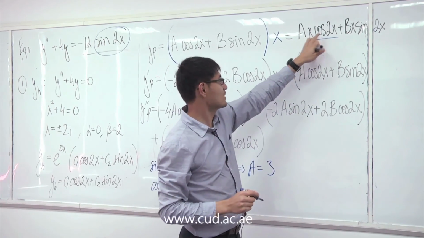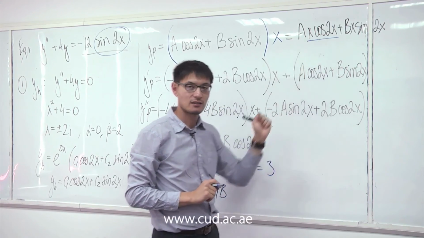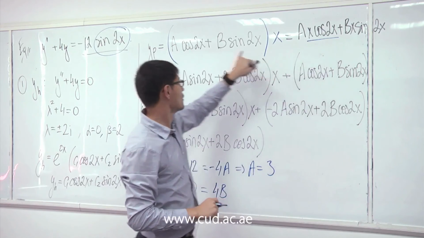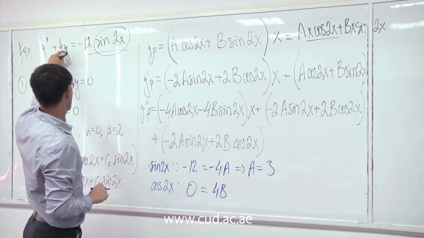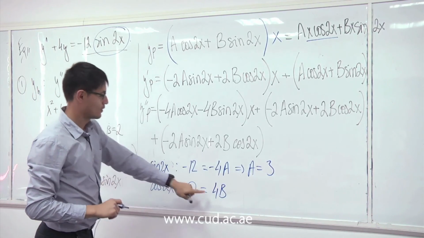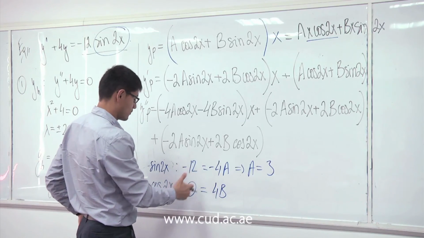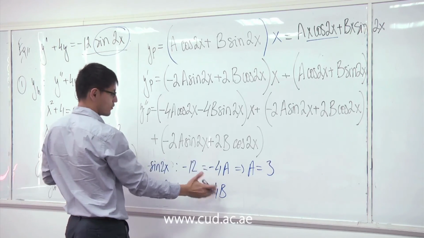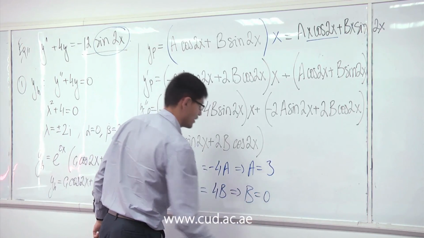This coefficient is x cos 2x. So I'm not going to consider it. I just need pure cos 2x. And there is no pure cos 2x for y. So this guy doesn't give me any cos 2x terms. I only get them from y double prime, which was 4b. So I have 0, the coefficient of cos 2x on the right-hand side, equals 4b. So that means b is equal to 0.